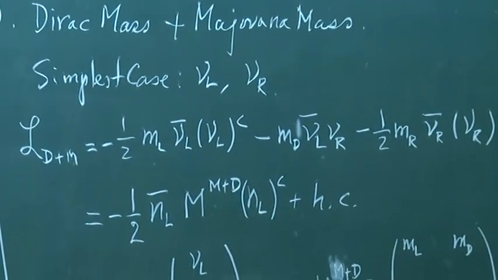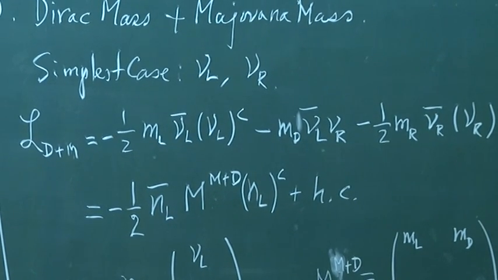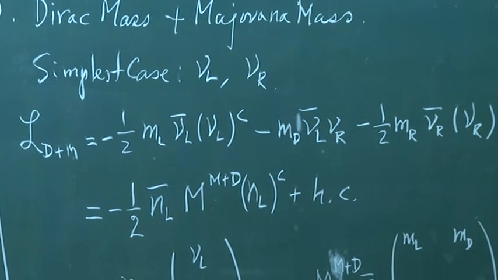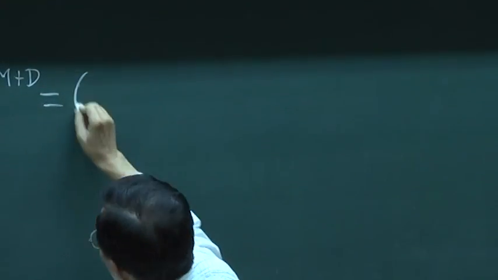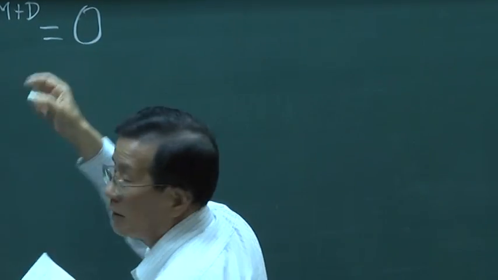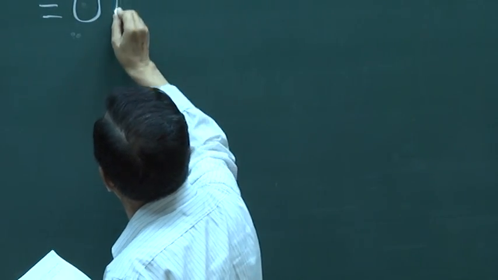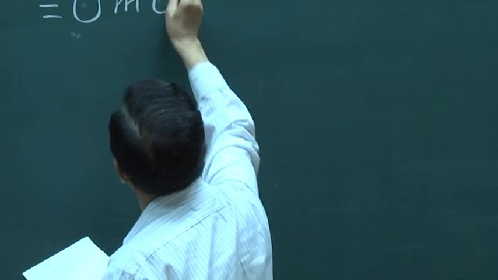Now the matrix is symmetric, you can see. It can also be diagonalized. So this M D plus M will be equal to O, it's symmetric, so it can be diagonalized by an orthogonal matrix.